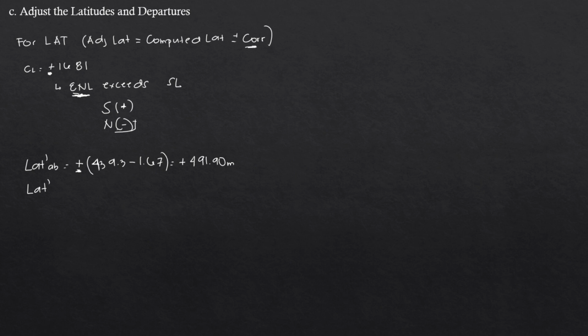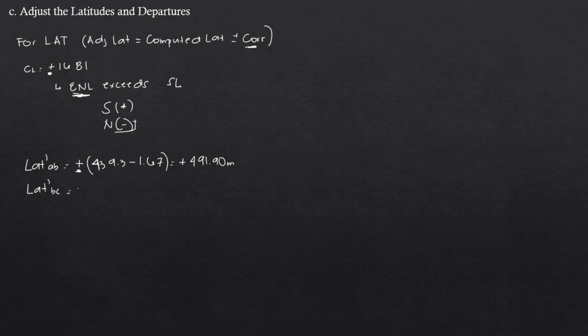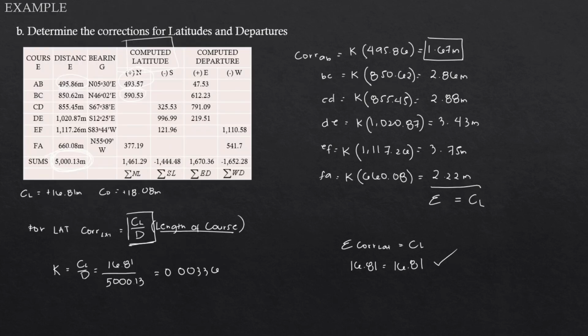Okay, so corrected latitude ng course BC. So, check natin. BC ngayon is nasa north ulit, okay? Direction is north. So, positive. Sa labas, direction lang yan. Then, value niya is 590.53. So, north siya. So, ibig sabihin, subtract natin yung correction. So, ilan ba yung correction natin? Ito, BC.